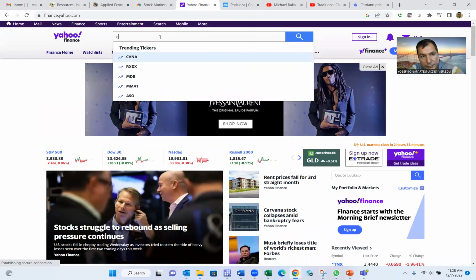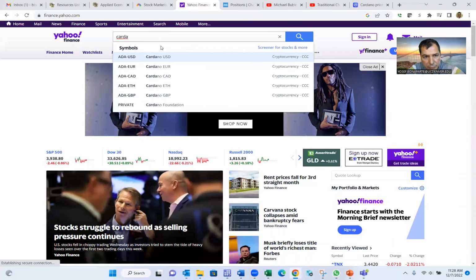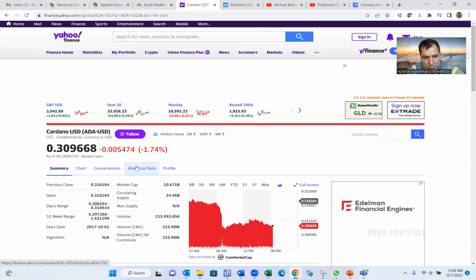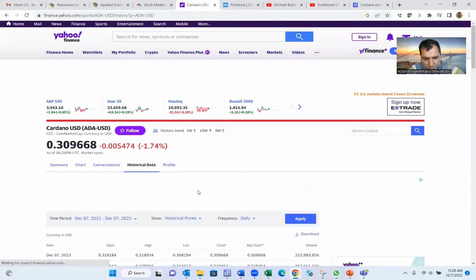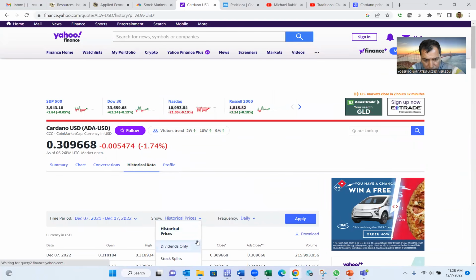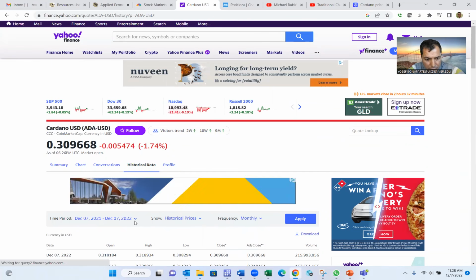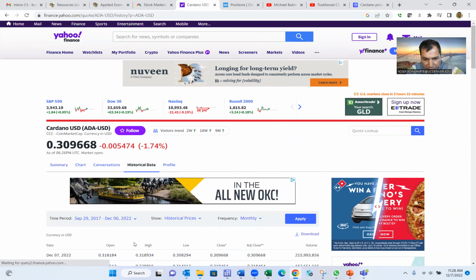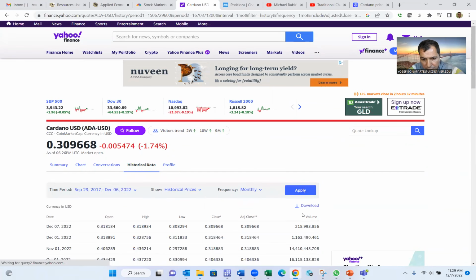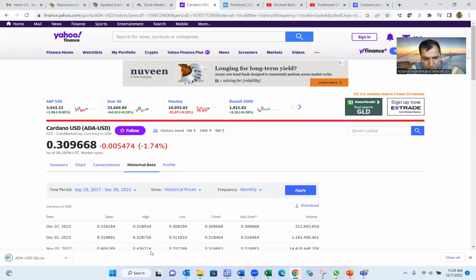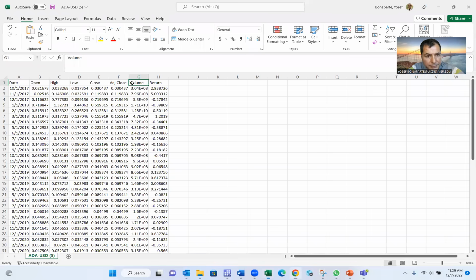I'm going to get Cardano, historical price data. And we're going to go monthly, and we're going to go max, apply, download. Boom.